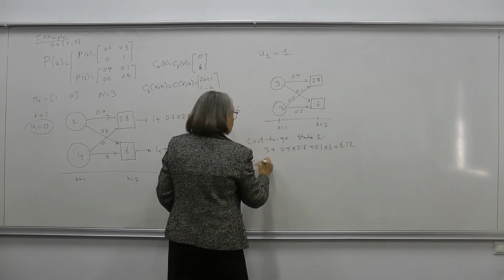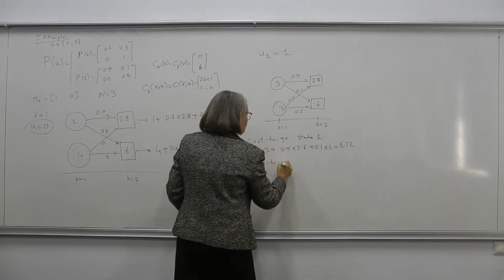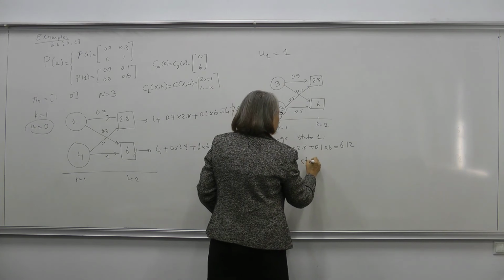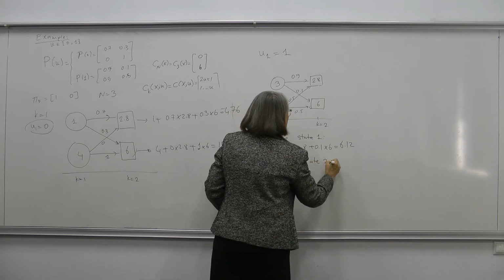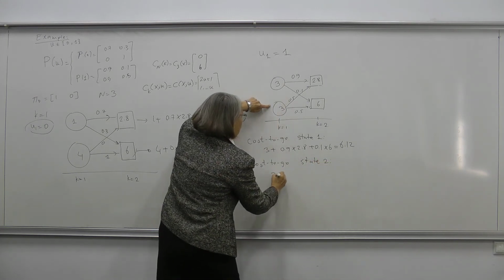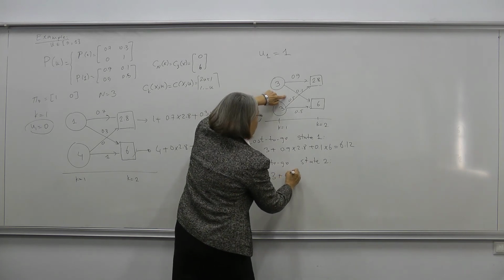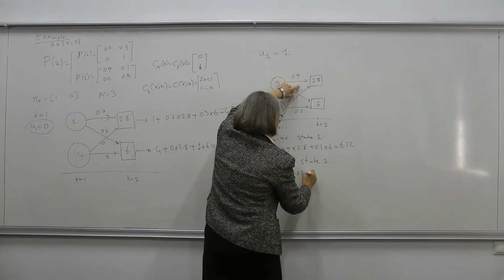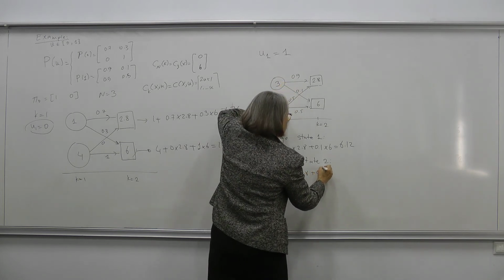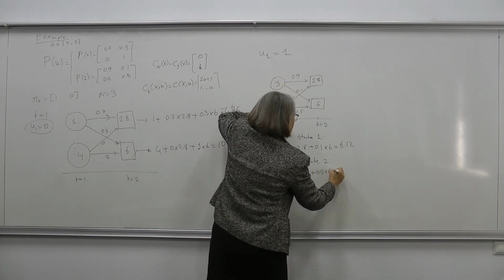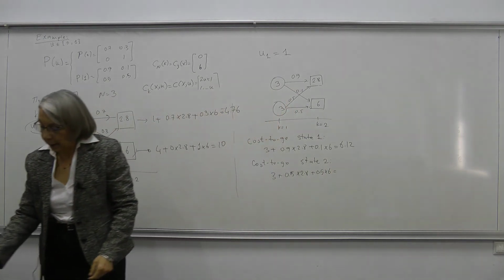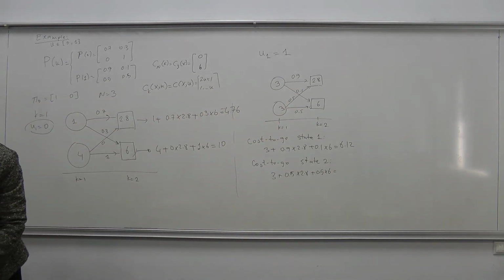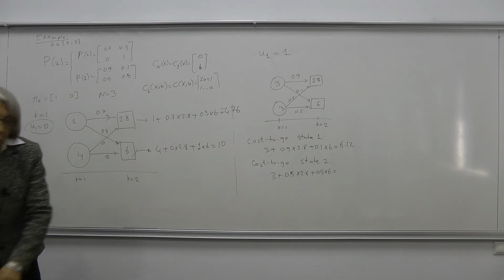The cost to go when the state is 2 is 3 plus 0.5 times 2.8 plus 0.5 times 6, which is equal to 7.4.